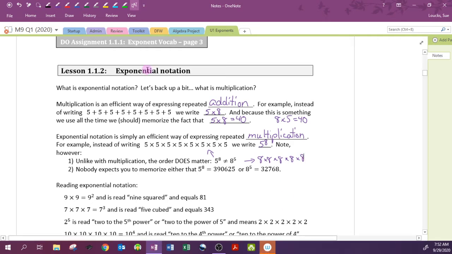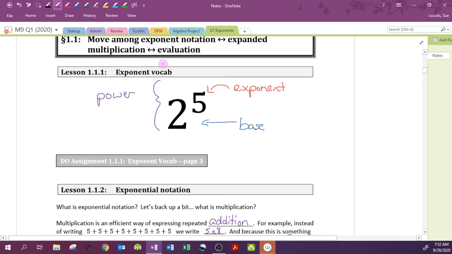So I'm going to go back up here to our vocab and just expand a little bit on what we've written up here. So the base is the number you are multiplying. And maybe we'll even add the number you're multiplying by itself.